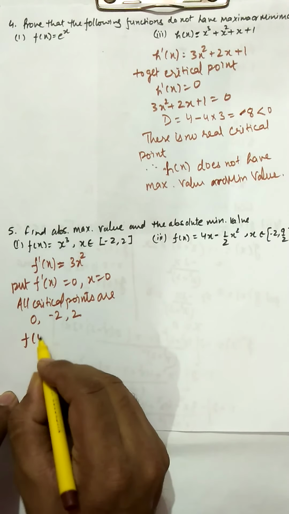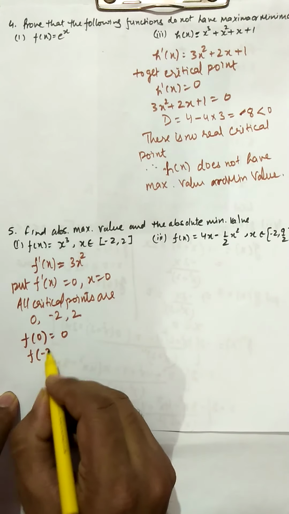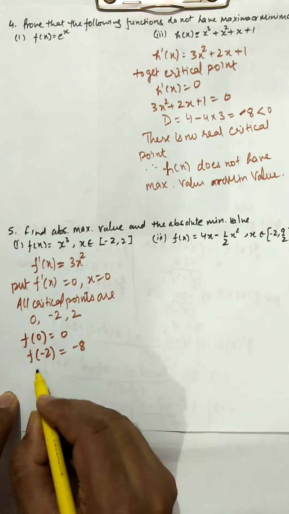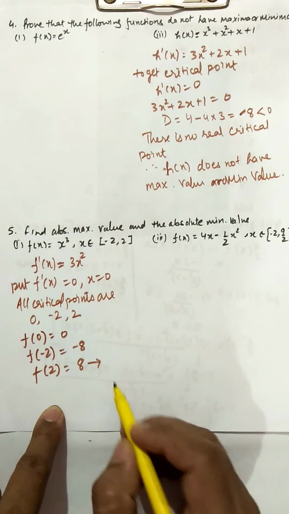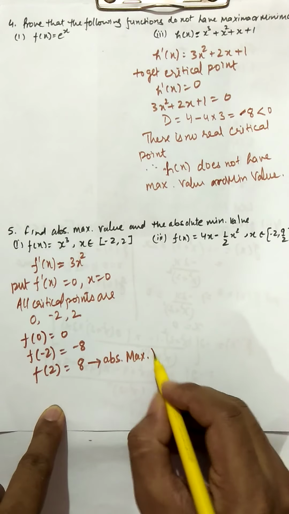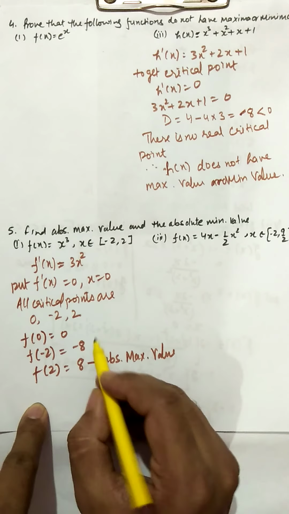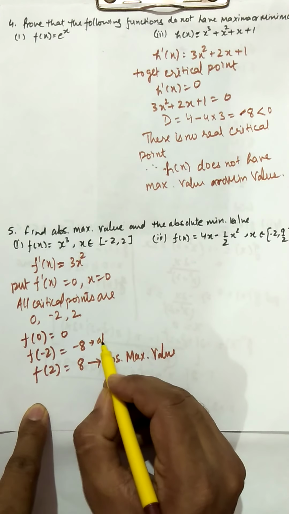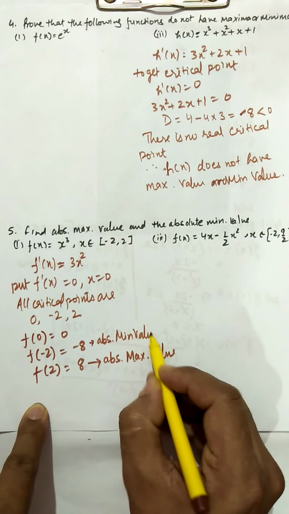So we'll find f of 0 first. f of 0 is going to be 0. Now f of minus 2 is going to be minus 8, and f of 2 is going to be plus 8. So you can see this is going to be your absolute maximum value, and the point is 2, and this is going to be the absolute minimum value.